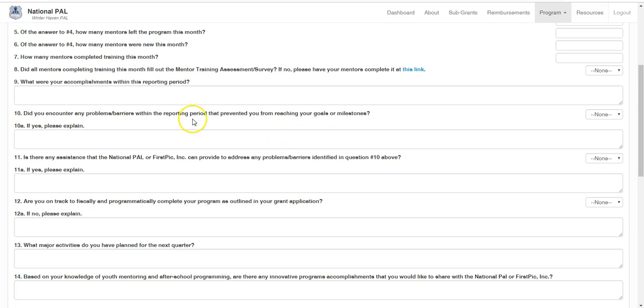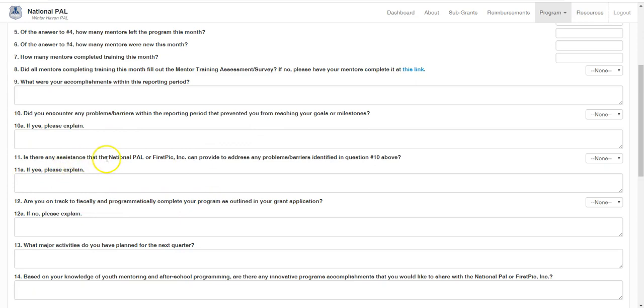If you completed programming prior to December, you can indicate yes for that one. If you've indicated yes, please explain. Again, if you've completed programming already in November, you can just put NA for that question. If you've been running programming throughout December, answer that as normal.